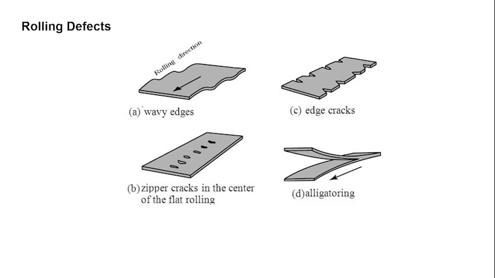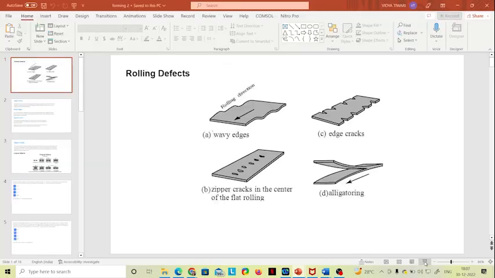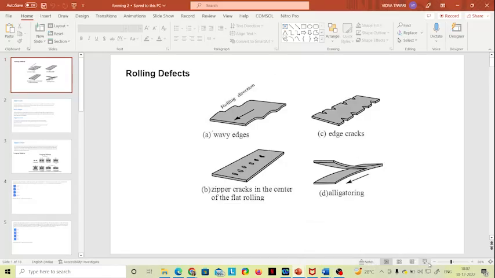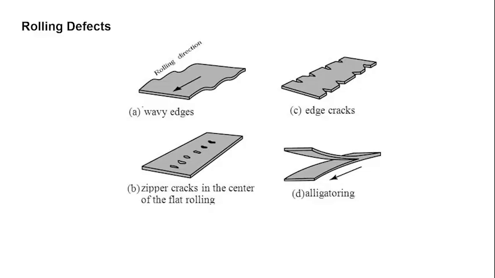Yes, ma'am. Okay, so today I thought that we'll solve a few questions from whatever we have read, and before that, you should know about the defects. There are mostly four types of major defects that are formed during rolling. First is wavy edges, if your edges are having this kind of pattern.